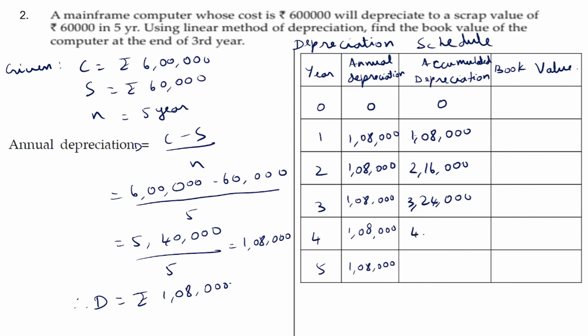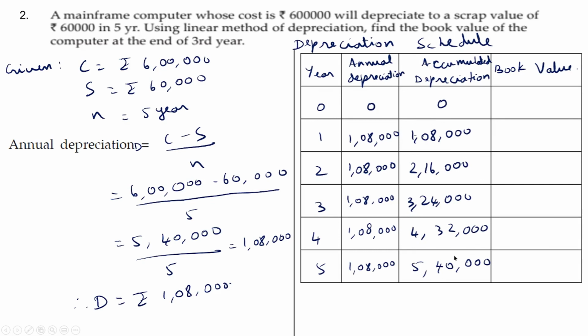Then 3,24,000 plus 1,08,000 is 4,32,000. Then 4,32,000 plus 1,08,000 is 5,40,000.